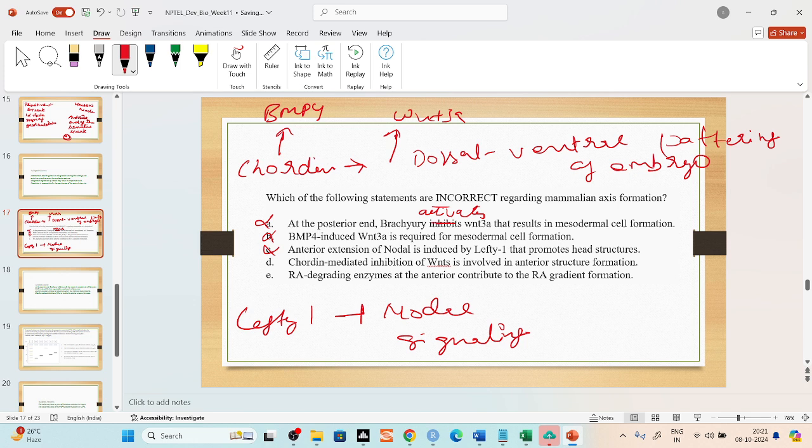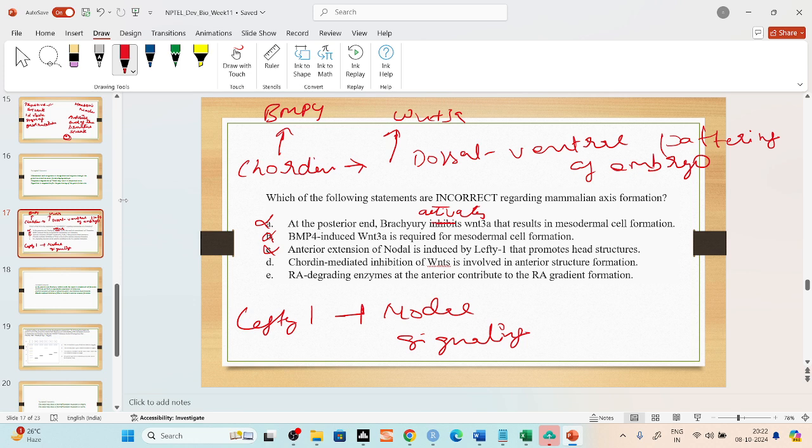Chordin inhibits your BMP pathway. Another important thing is that chordin not only helps in developing the dorsal ventral polarity, it also inhibits your BMP pathway by stopping the BMP from binding to its co-receptors.